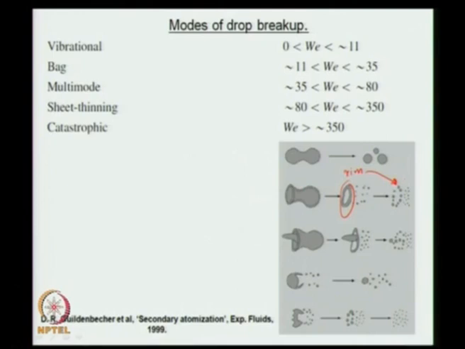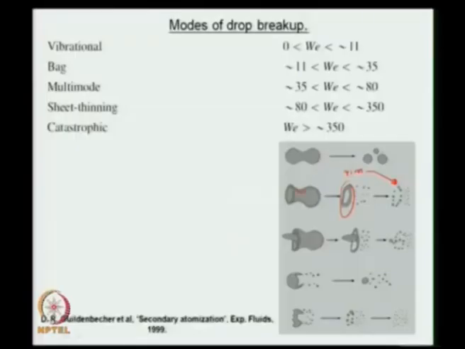So, you have two different physical phenomena impacting the final result in the case of the bag breakup process. One, the sheet, which is this liquid sheet breaking up to give these fine fragments, and then the rim breaking up to give you the larger drops.